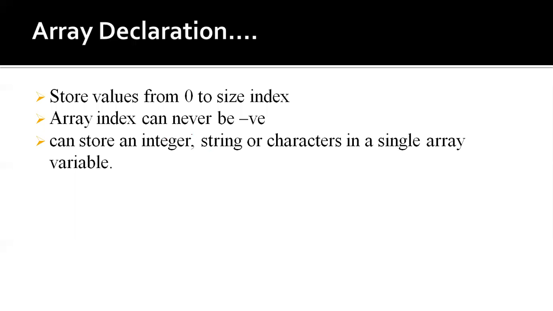Array declaration stores values from 0 to the size index. The index can never be negative. It can store an integer or string or character in a single array variable. So it is not homogeneous, it is heterogeneous type.